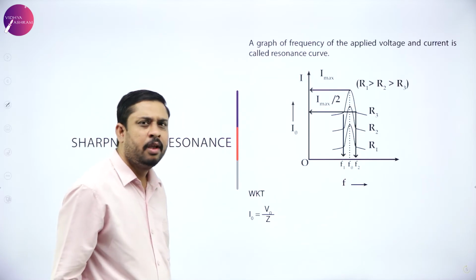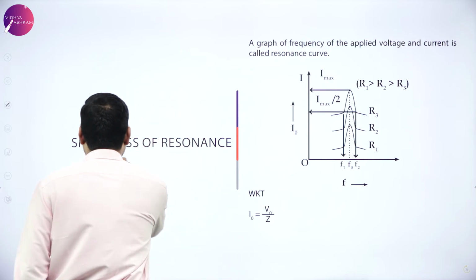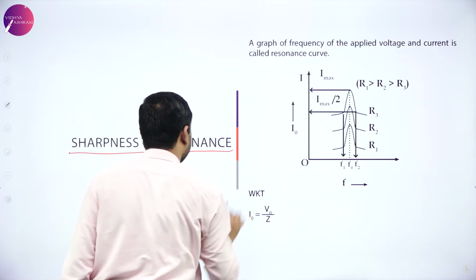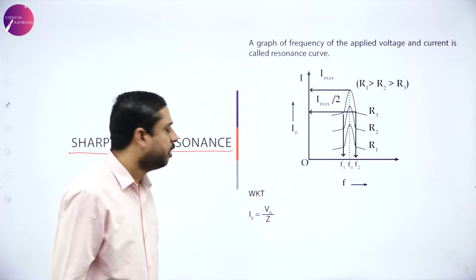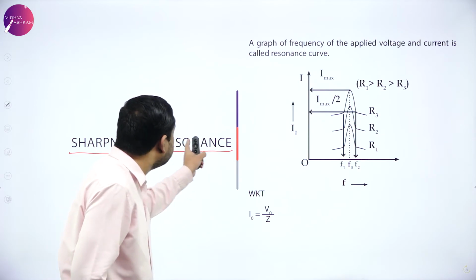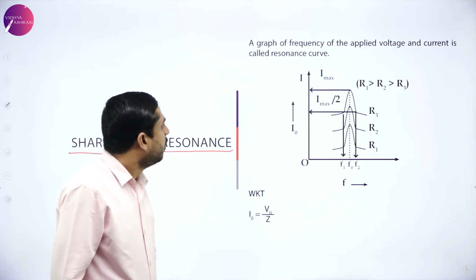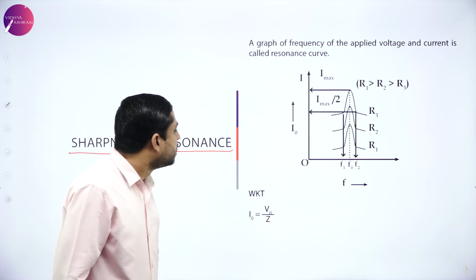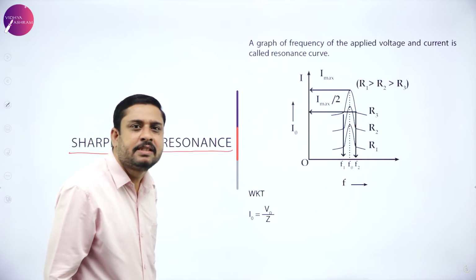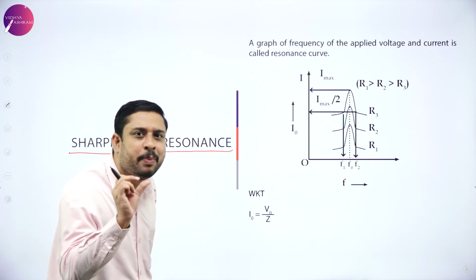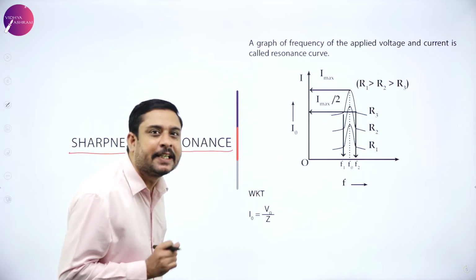Now, we will try to understand something called sharpness of resonance. Now, what is this sharpness of resonance? How sharp the resonant curve is?